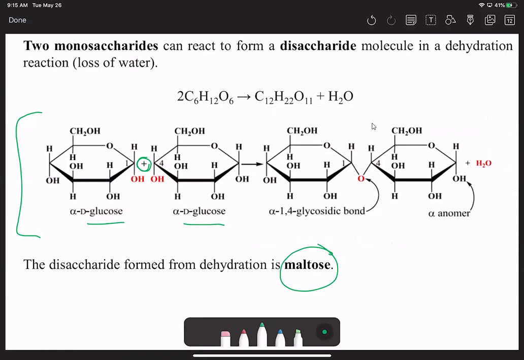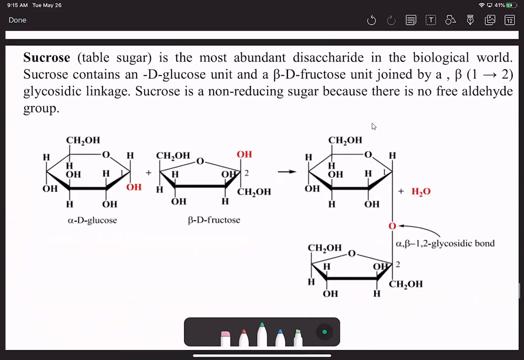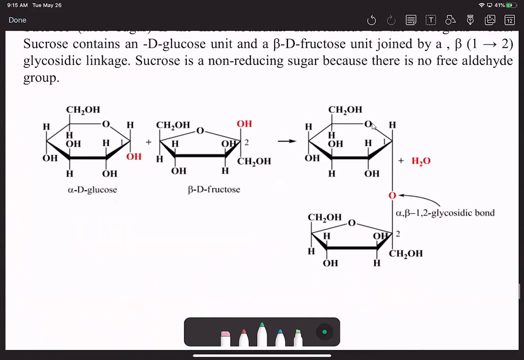I'm going to go over the rest of these disaccharides, and we're going to come back and revisit this glycosidic bond. So other disaccharides here. Here we see another one. It's bonded slightly different. This is sucrose. Again, you don't have to memorize the structure of sucrose.